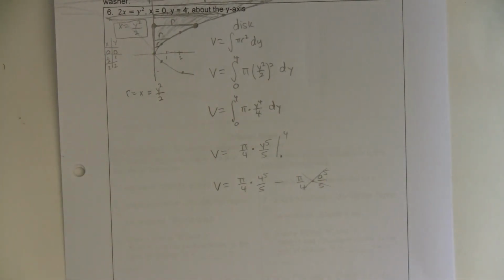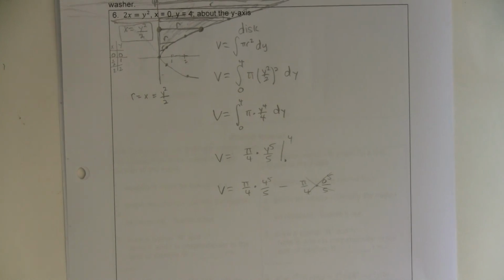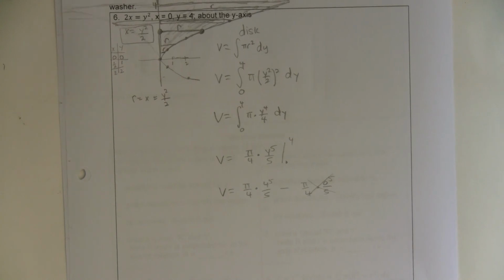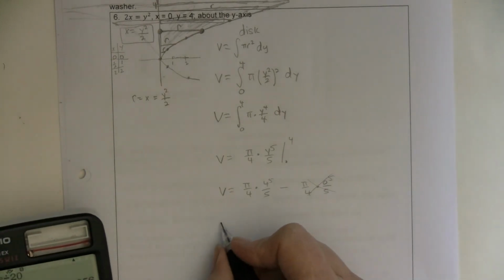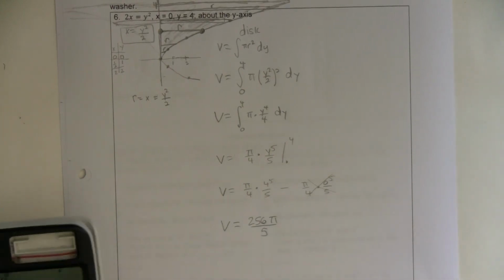And 4 to the 5th is big. I don't know what it is. Do you know what it is? So I'm going to divide that by 20. So I'm getting the volume here is 256 pi over 5 is what I'm getting.